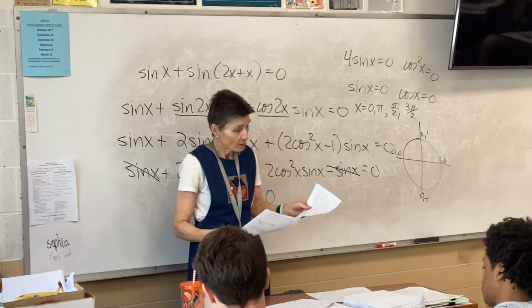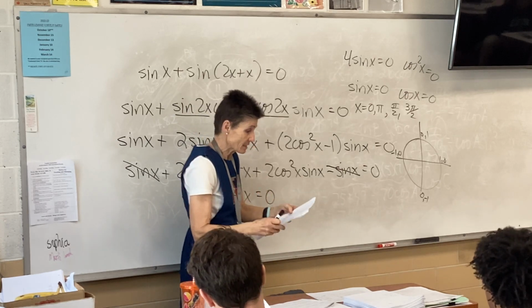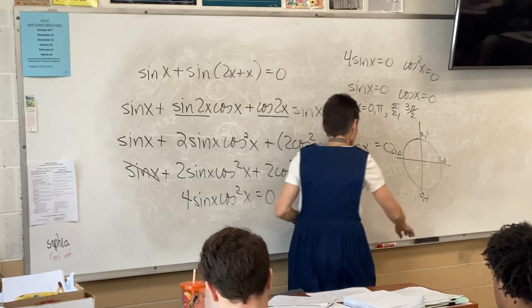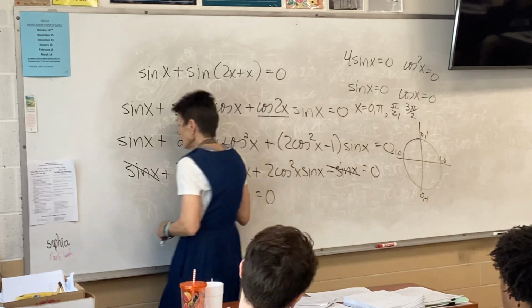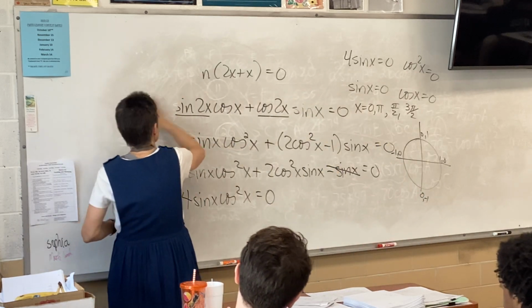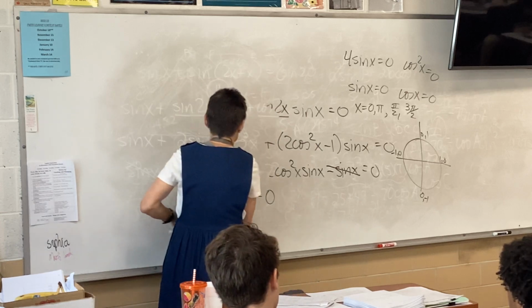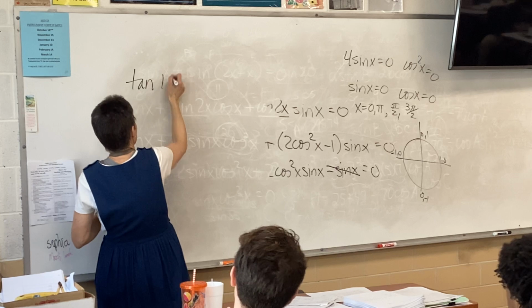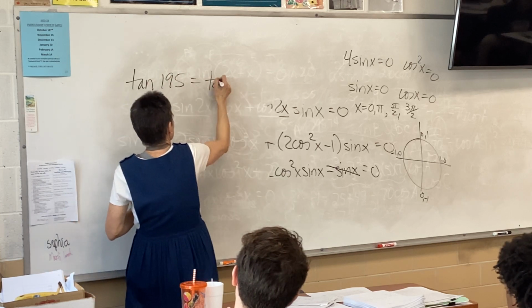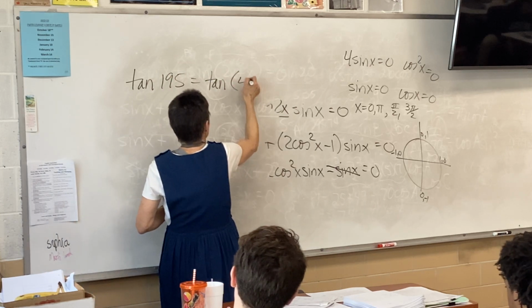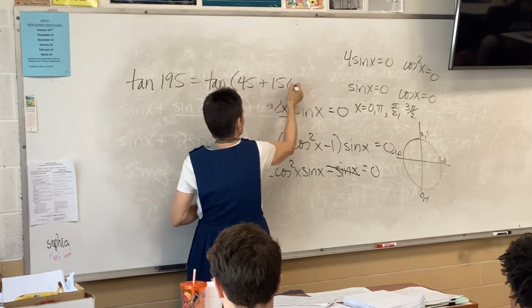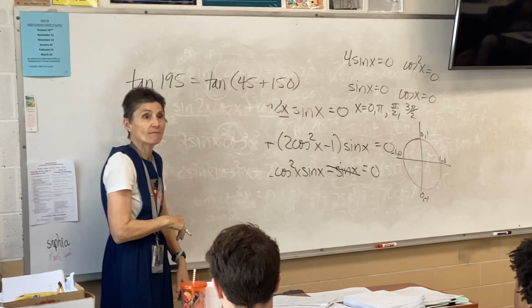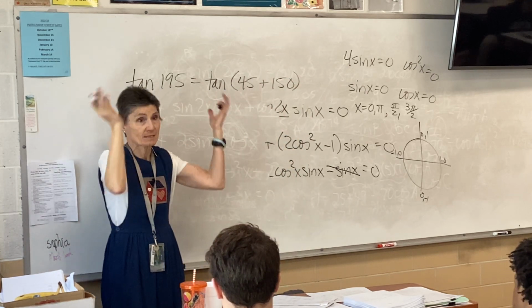5, 4, 2a says find the tangent of 195. Well, there's more than one way to do the tangent of 195. The first thing that pops into my head is 45 plus 150. That will make 195. That's one option. There are lots of options.